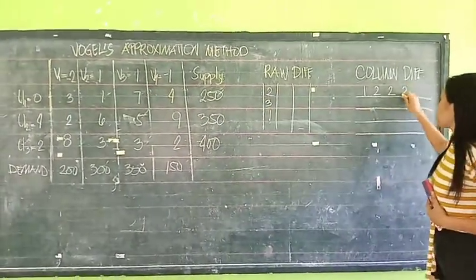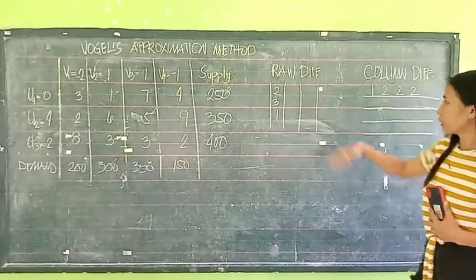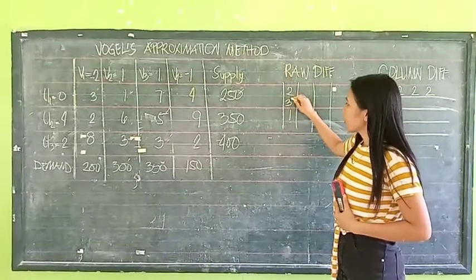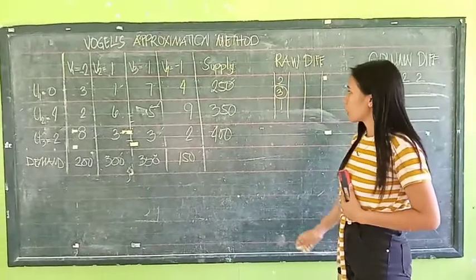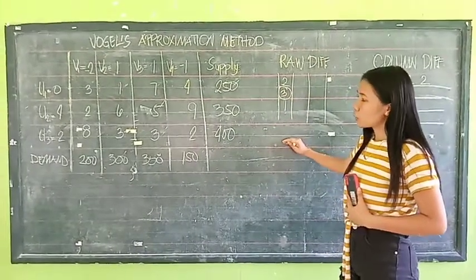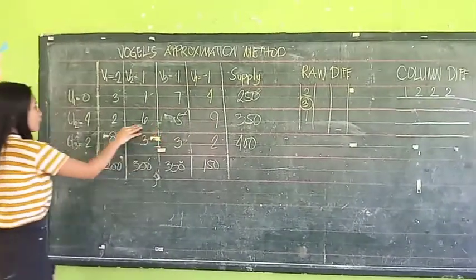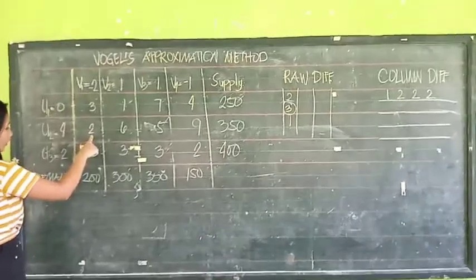So we need to locate the center point, which is number 3, in row 2. So since in row 2, we need to solve in this area.